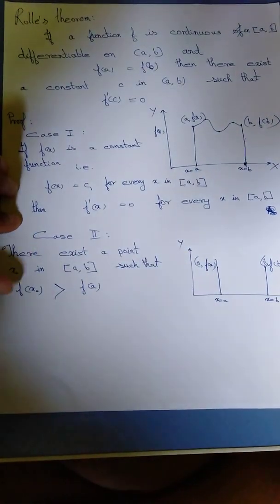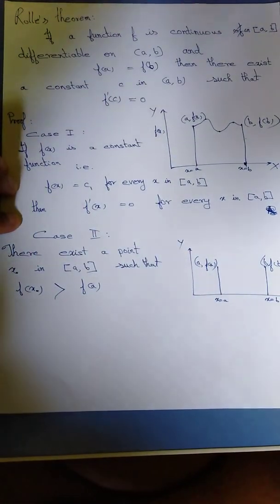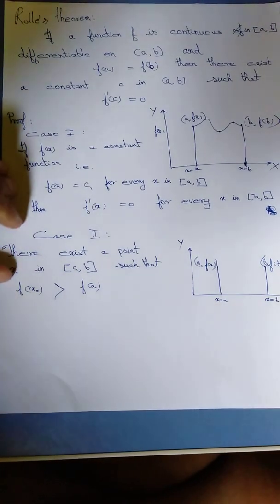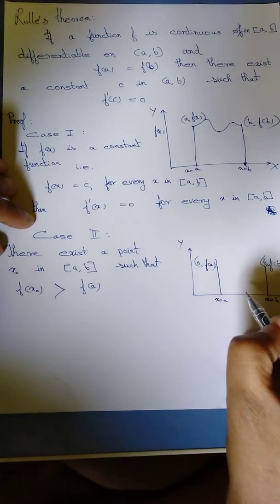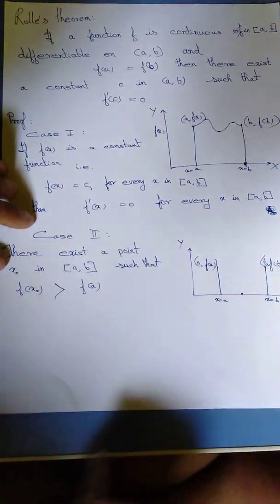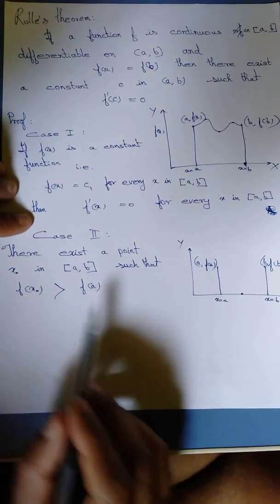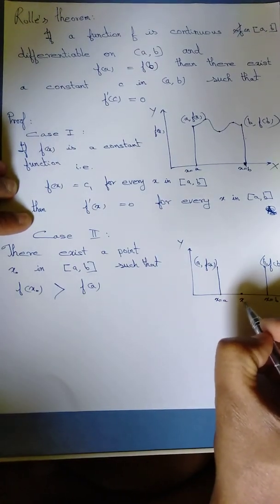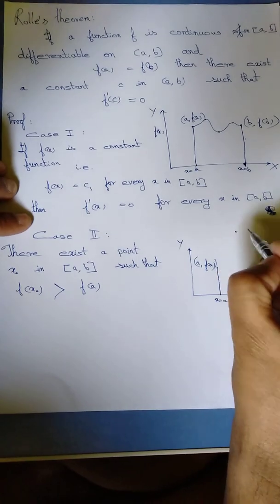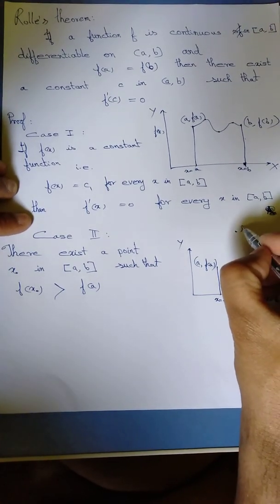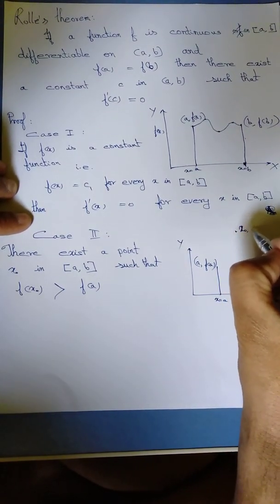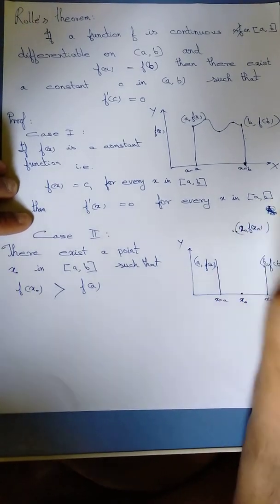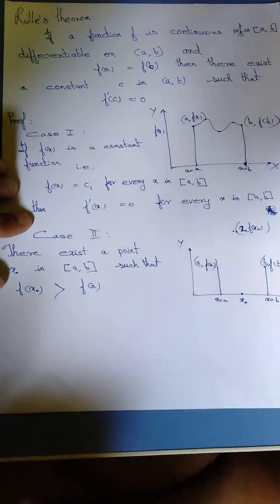Well, it could be that f(x0) is less than f(a) as well. That will do in the case 3. So somewhere here, now f(x0) being greater than f(a), x0 cannot be a. Somewhere here you have x0 and f(x0). So this point is x0 comma f(x0), and that is of greater height than f(a).